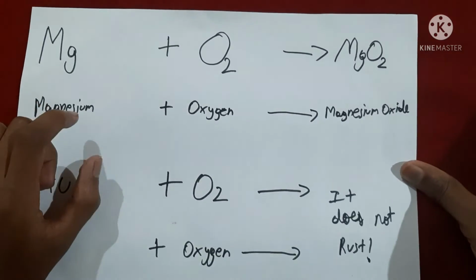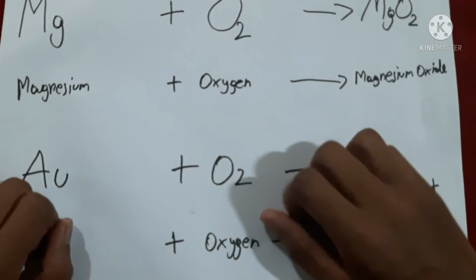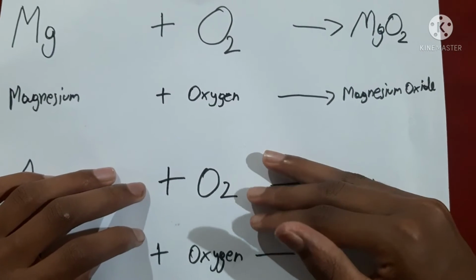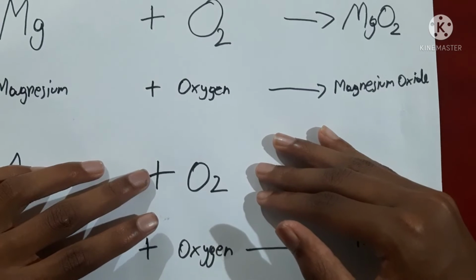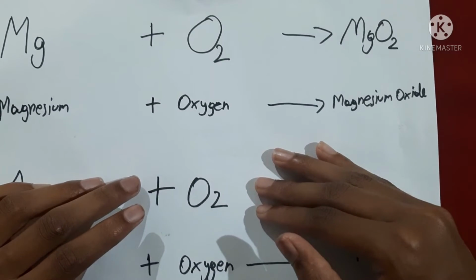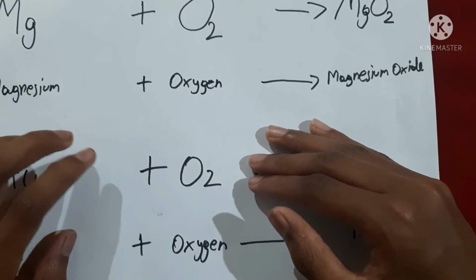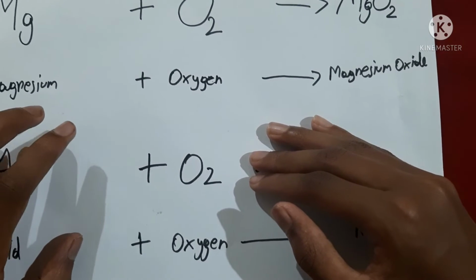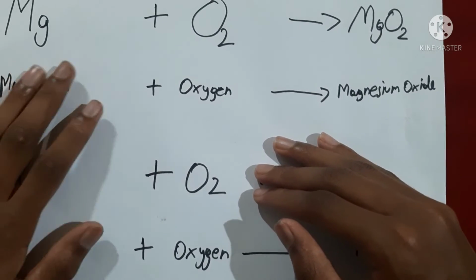Magnesium reacts with oxygen to create magnesium oxide, but it reacts a lot faster. Same thing with aluminum too. I'll write it here because it's easy: Al plus O2 equals AlO2, which is the chemical name.